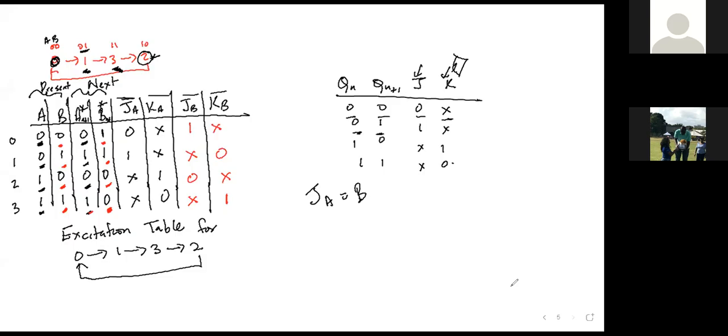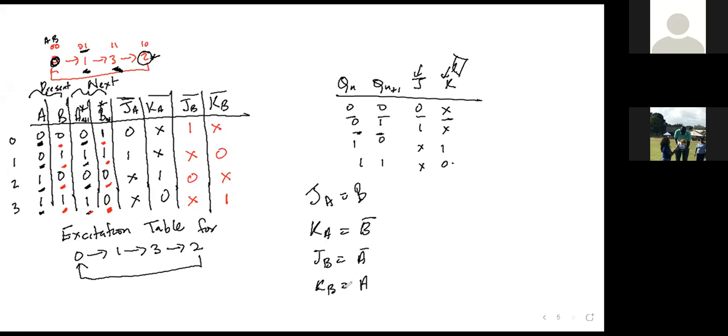All right, we have JA equal to B, and then KA, the simplification is B bar, and JB is equal to A bar, and KB is equal to A.